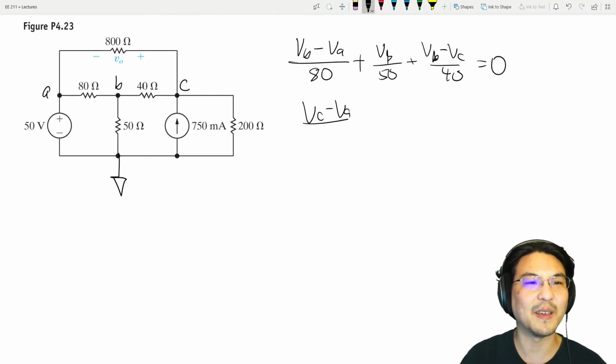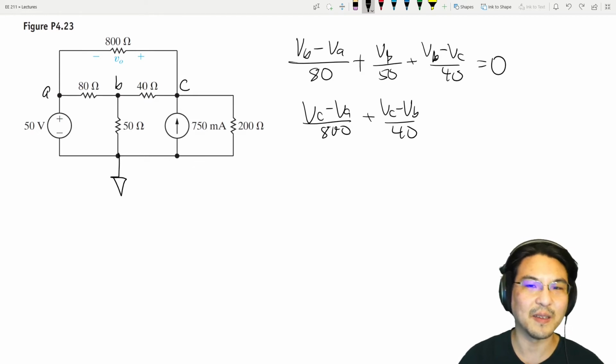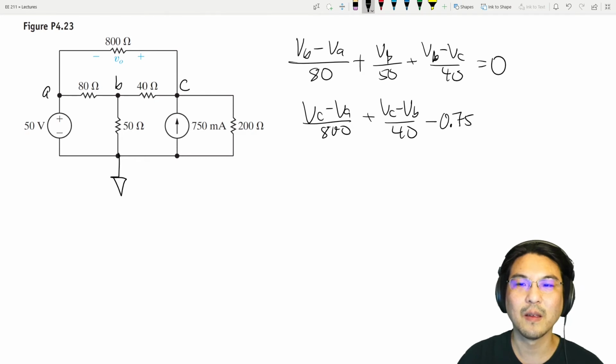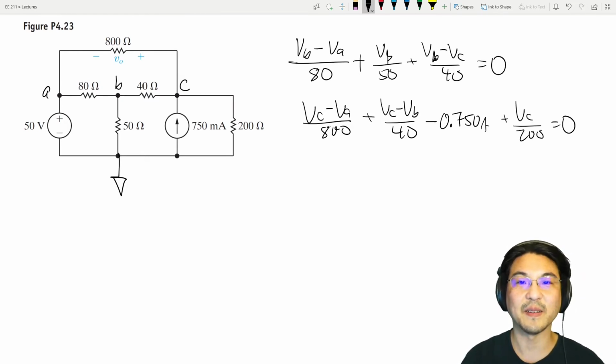VC minus VA over 800. Going this way, VC minus VB over 40. And then this is going in, minus 750 milliamps. And then this way. Okay, so again, VA is known. So we only have 2 equations, 2 unknowns.